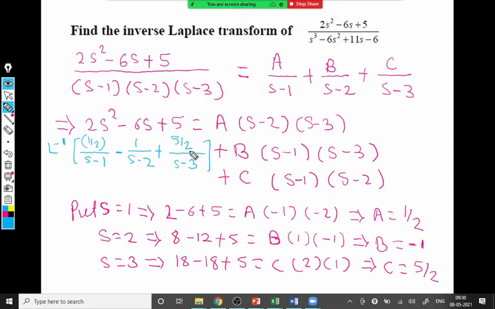So what is the answer then? 1 by 2 e raised to t minus e raised to 2t plus 5 by 2 e raised to 3t. That's the end of the question. Once you complete this partial fraction, the next steps are the last two steps written here.